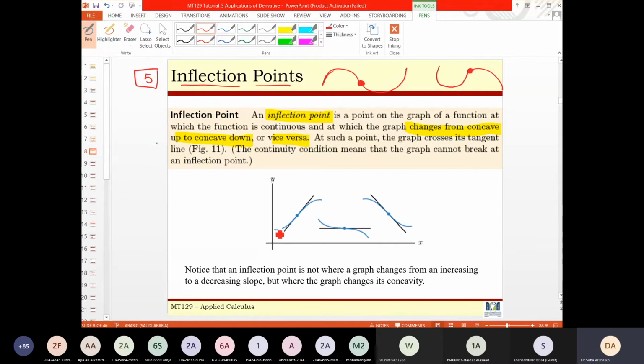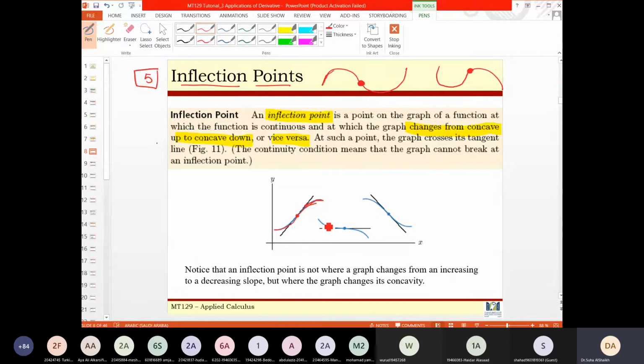Okay, so they are showing you here an example of inflection point. You can see this graph. The function is concave up, but then the function changed to be concave down. You can see the tangent line will go through the curve, and the function is changing from up to down. The line will cut it, will go through it. This is another example.